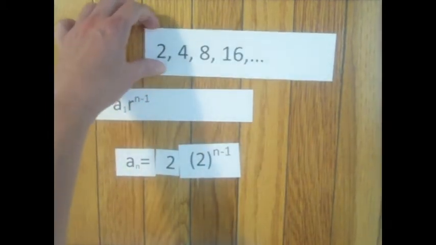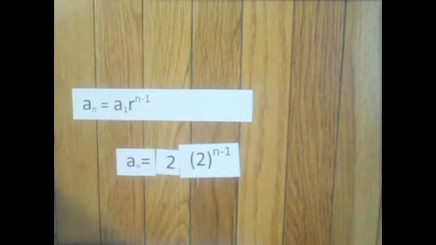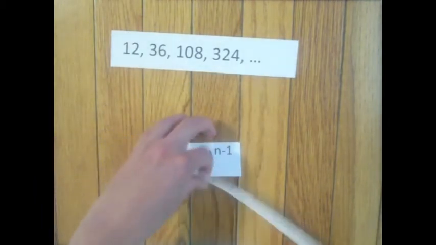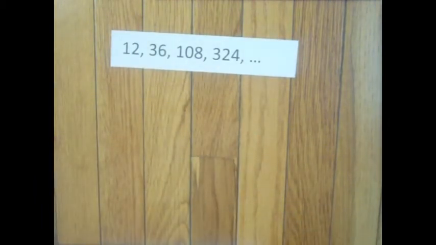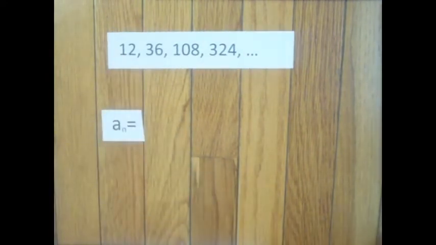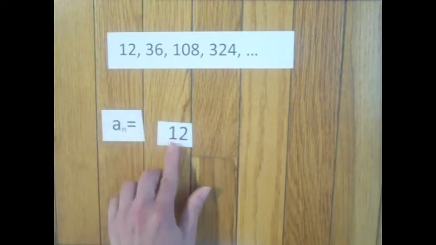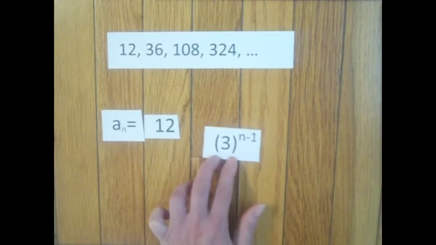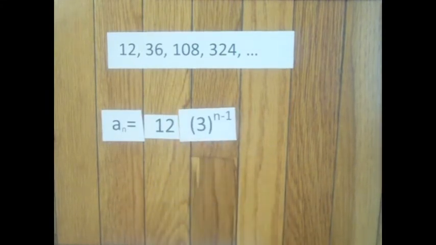If we wanted to define this sequence, we would simply have a sub n equals 12, the first term, times 3, the common ratio, raised to the n minus 1.